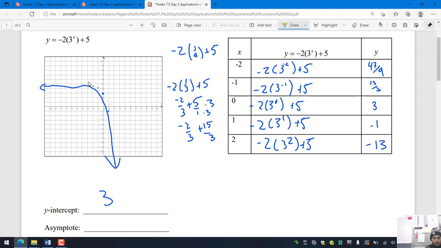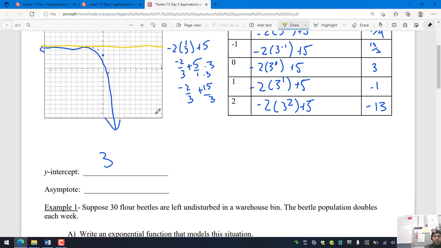It never seems to cross that number 5. My graph is never going to go past that yellow line. So what they ask is, what is the equation for this line that the graph gets really, really close to but never touches? It's a flat line in this case at the number 5. So the equation for that asymptote is y is equal to 5.